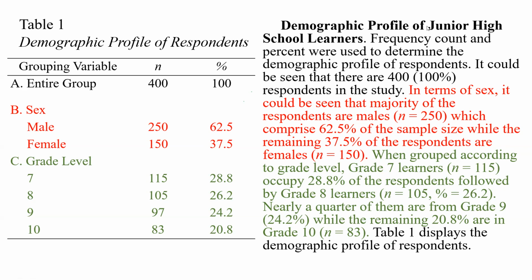This one should be first, and after which this will follow. This table should be below or under your text. This is just an example. Questions or clarifications about the demographic profile?